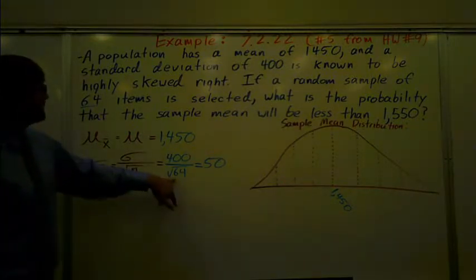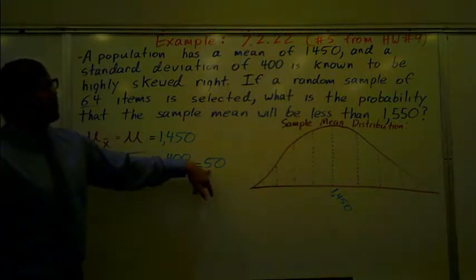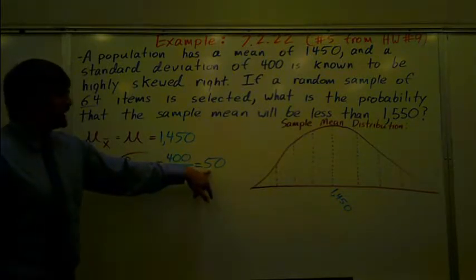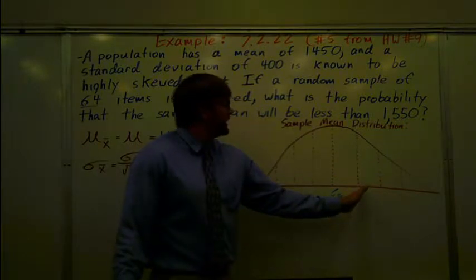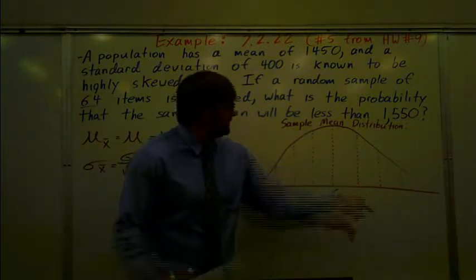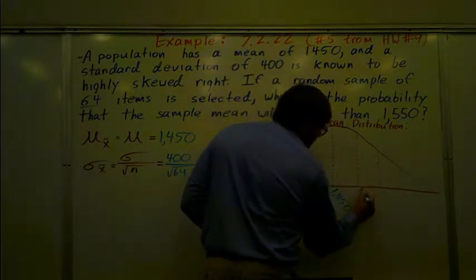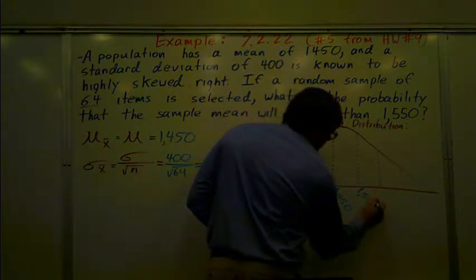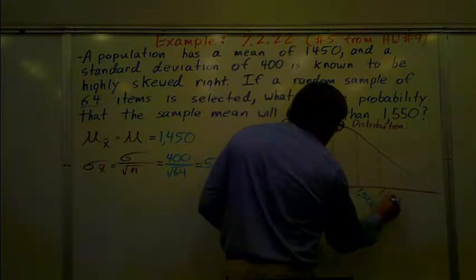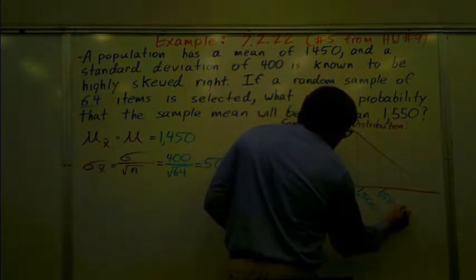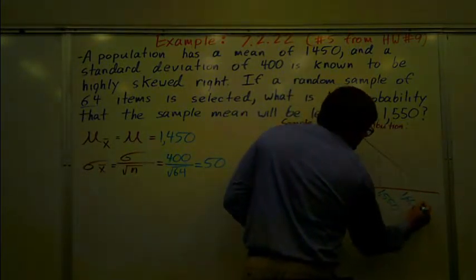And when the sample size is 64, then the standard deviation of the sample means is going to be 50. So one standard deviation above the mean is going to be 1,450 plus 50, or 1,500. Two standard deviations above the mean is going to be 1,550. Three standard deviations above the mean is going to be 1,600.